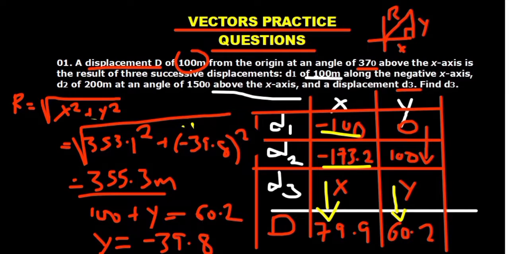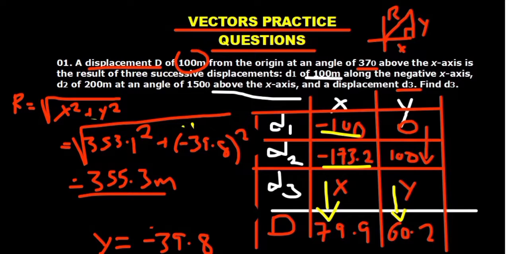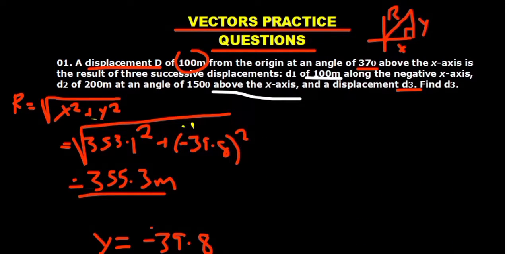But remember, each time they ask you to find a vector, it should always have a direction. That is the difference between a vector and a scalar. So each time you are asked to find a vector, even if the question doesn't state that you should find the angle, make sure you always find the angle. We determined our y component to be negative 39.8 and our x component to be 353.1.